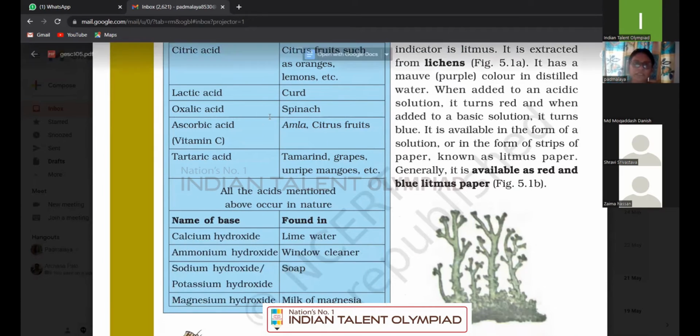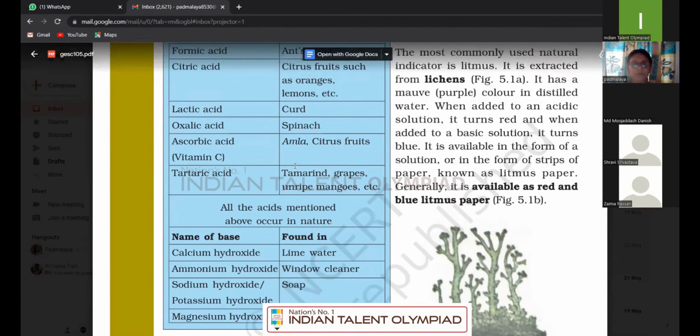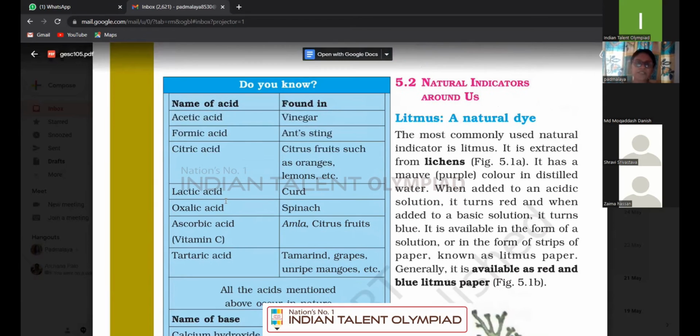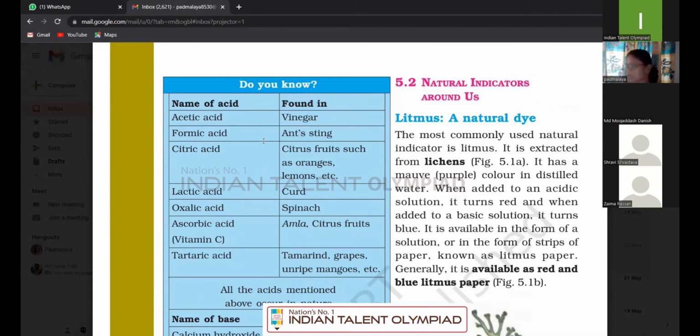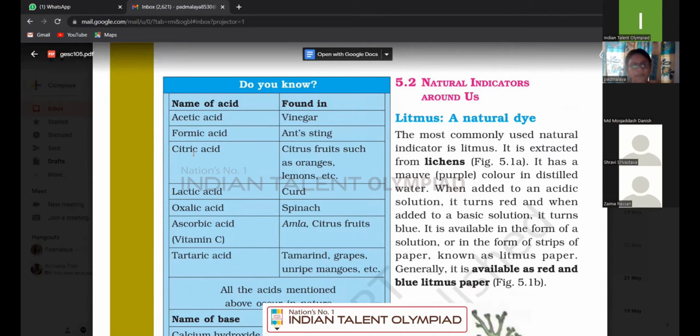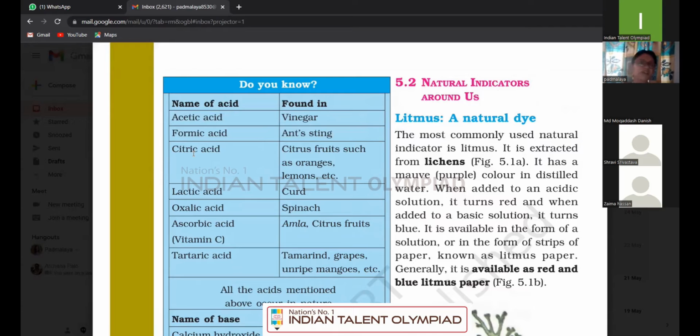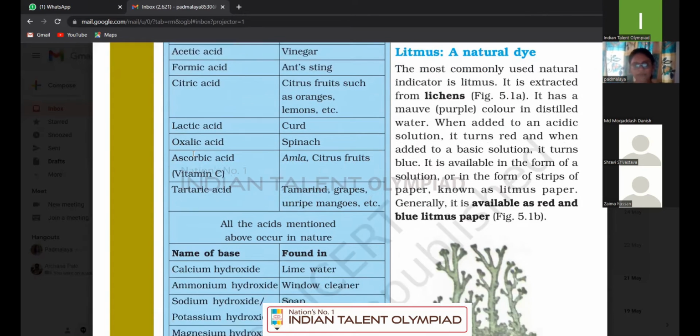All the acids we have discussed here are available in nature itself, right? They are all natural organic materials only. They are not at all man-made. These ant stings, citrus fruits, curd, spinach, all these are organic matter.